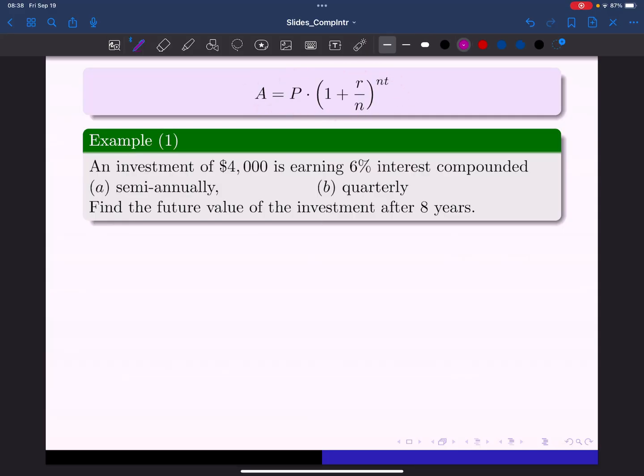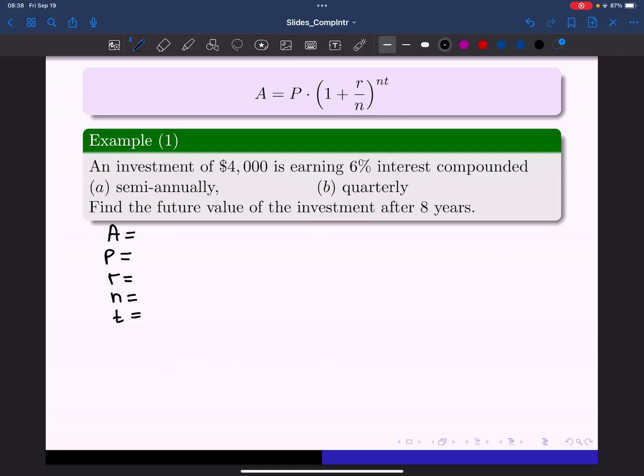Now we need to list, I think the most beneficial is to list all the letters that we have and what we have. So we have A, P, R, N, and T.